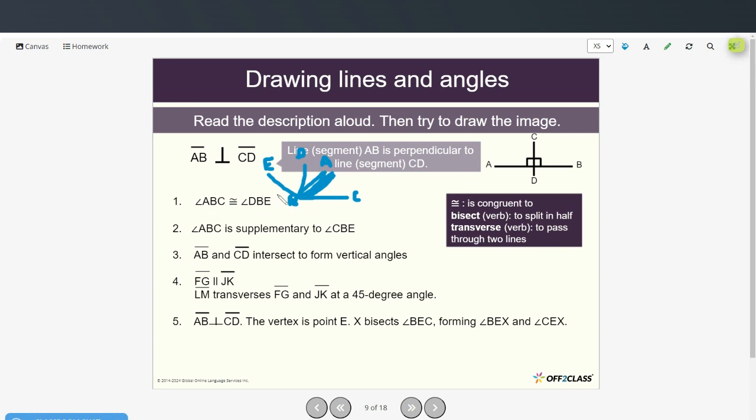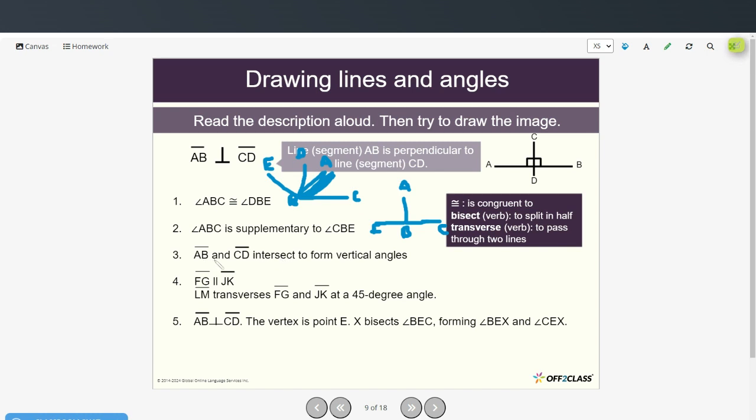So these should all be congruent. ABC is supplementary to CBE. So here we would have A, B, C, and then C, B, E, because the two together should form a straight line if they're supplementary.